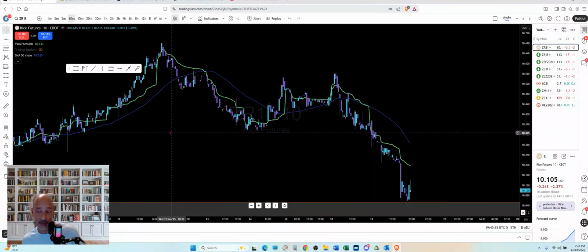Although you don't necessarily need it to, because you can catch small micro trends within sideways price action, certainly, but it's better if it's trending on the higher time frame because there's just going to be more momentum. And of course, you want to try to trade in the direction, preferably, of the higher time frame trend.